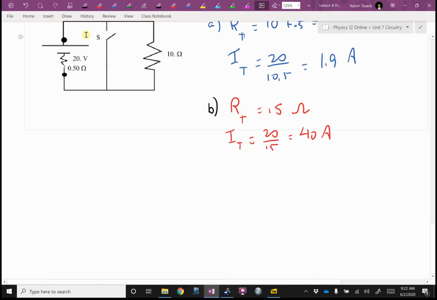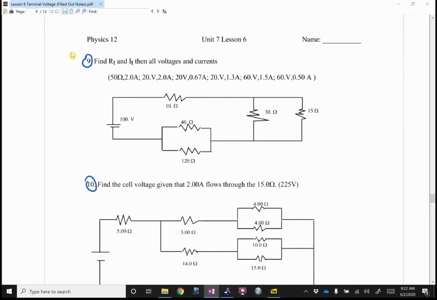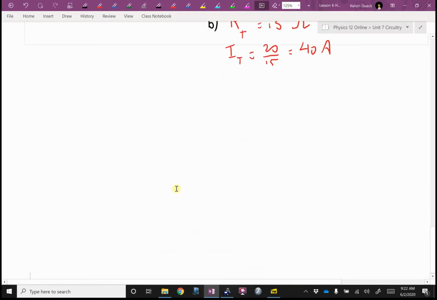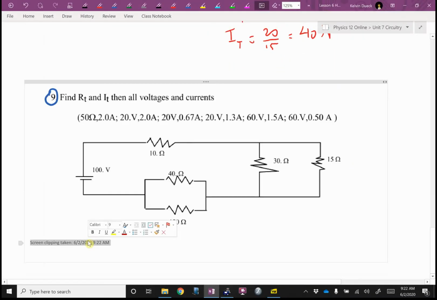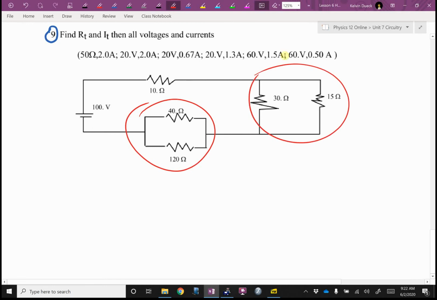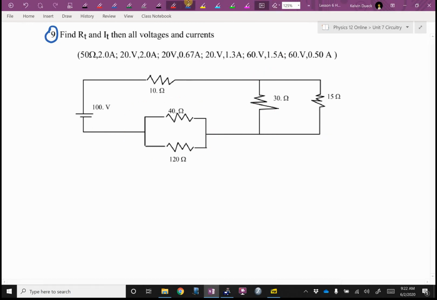Ooh, number 9 looks cool. I love solving circuits. It says find R total, find everything. Okay, these two are in parallel, these two are in parallel. So over here, I'm going to go 1 over R parallel is 1 over 30 plus 1 over 15.